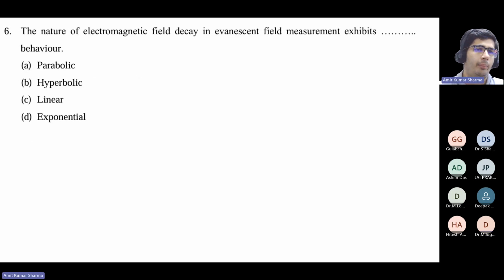The nature of electromagnetic field decay in evanescent field measurement exhibits which behavior: parabolic, hyperbolic, linear, exponential.